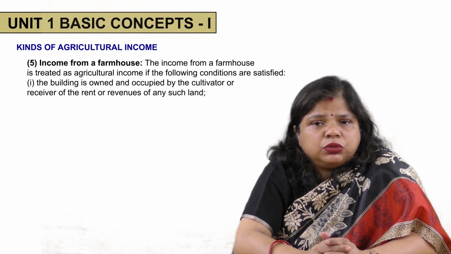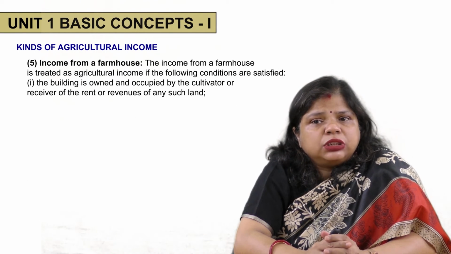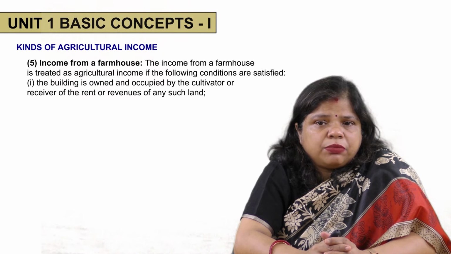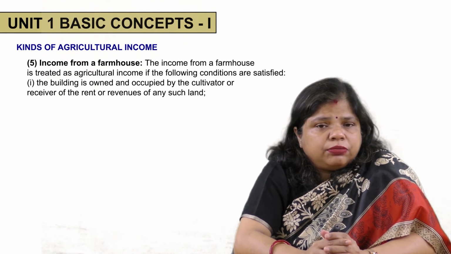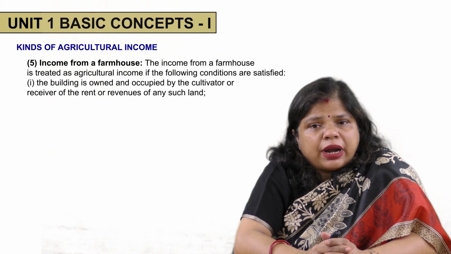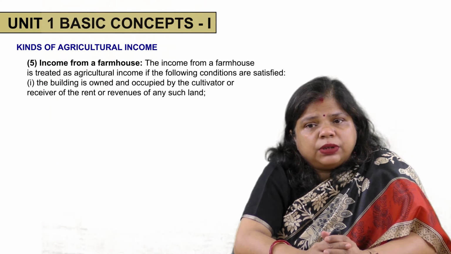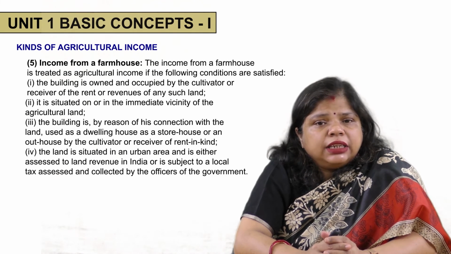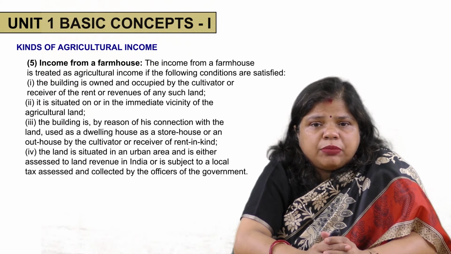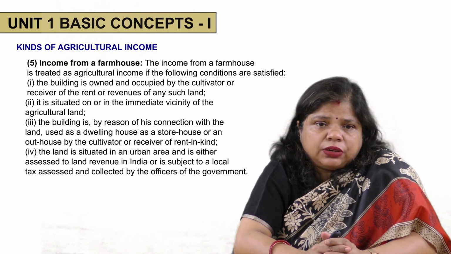Income from farmhouse. The income from a farmhouse is treated as agricultural income if the following conditions are satisfied. The building is owned and occupied by the cultivator or receiver of the rent or revenue of any such land. It is situated on or in the immediate vicinity of the agricultural land.